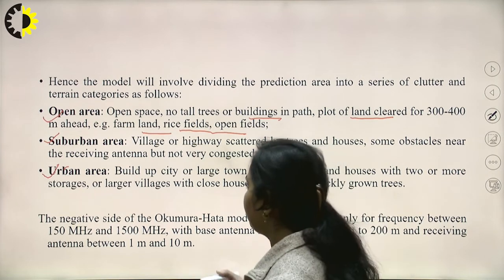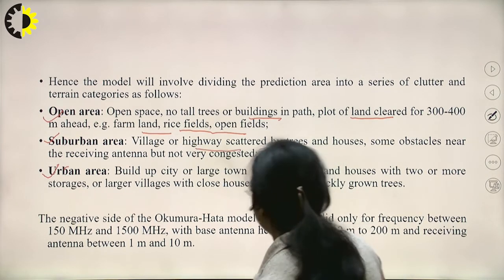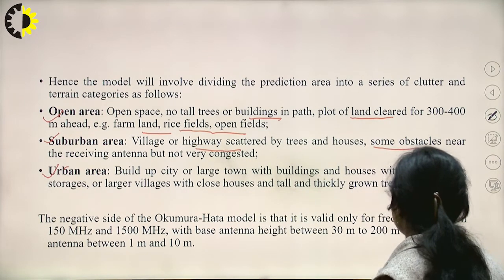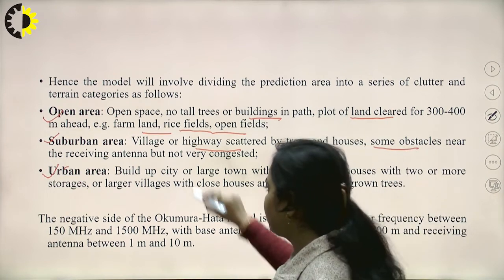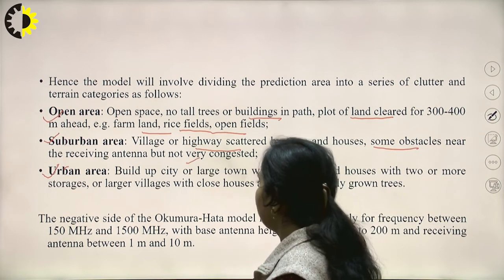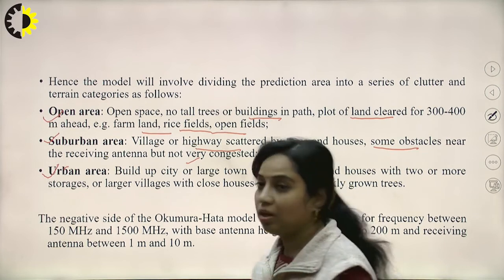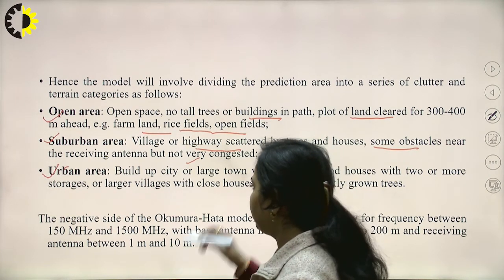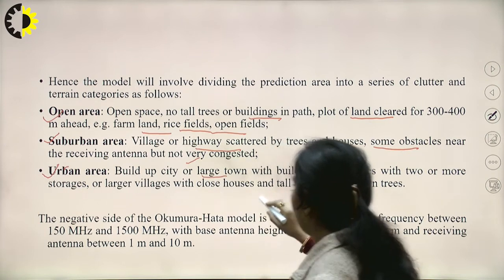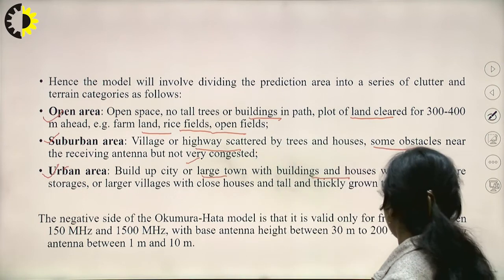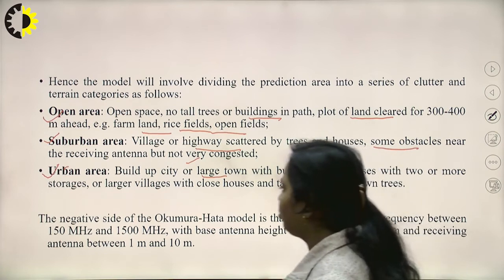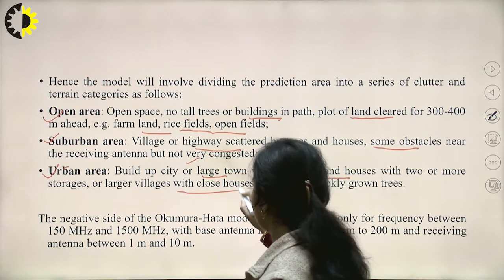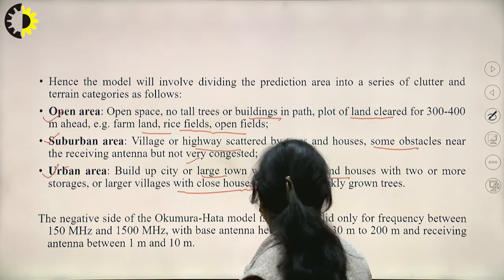Next, the suburban area: a village or highway scattered with trees and houses, with some obstacles near the receiving antenna but not very congested. In an urban area, there is a built up city or large town with buildings and houses of two or more storeys, or large villages with closely spaced houses and tall, thickly grown trees.